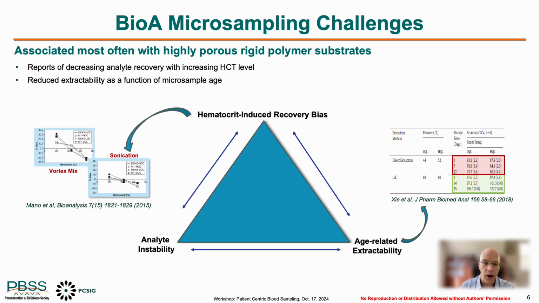Finally, to close our triangle, we have observed that as hematocrit increases, age-related extractability can become more pronounced, and therefore the age of the microsamples and the hematocrit level one optimizes extraction methodology on can have an enormous impact on assay success. In our experience, workflows that eliminate hematocrit recovery bias have also successfully eliminated age-related extractability, and we'll discuss that workflow shortly.